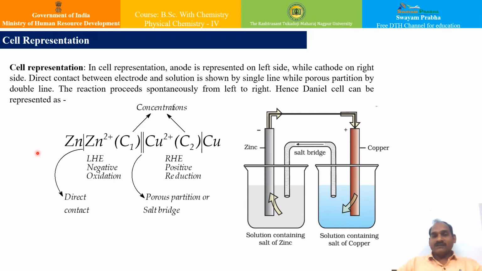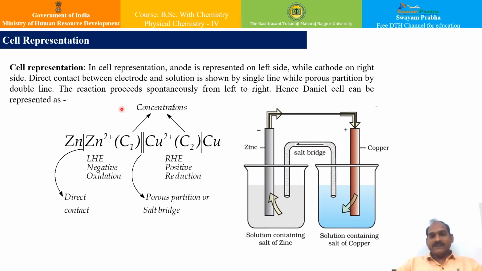The cell consists of two electrodes, and in cell representation, the anode is represented on the left side while the cathode is represented on the right side, and any direct contact between the electrode and solution will be shown by a single line, while porous partitions by a double line. The reaction proceeds spontaneously from left to right, and therefore if I want to represent the Daniell cell, it will be represented as this.